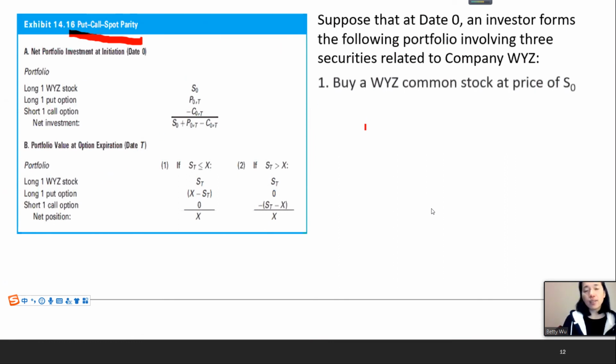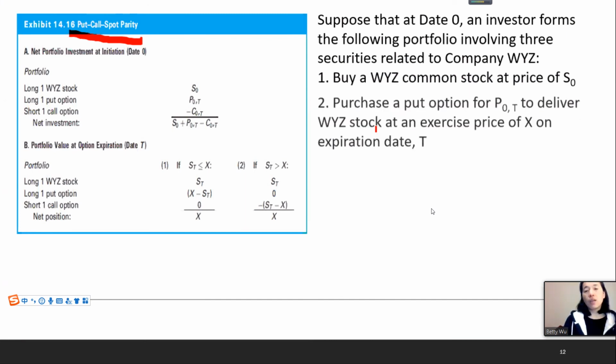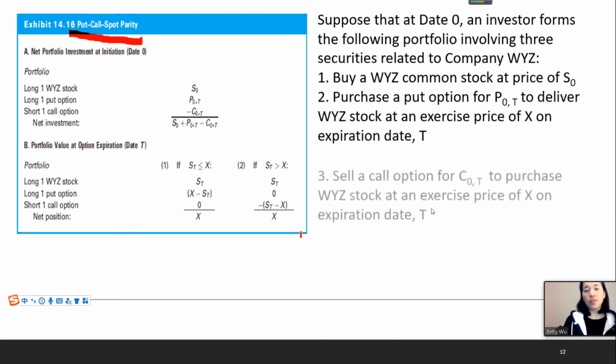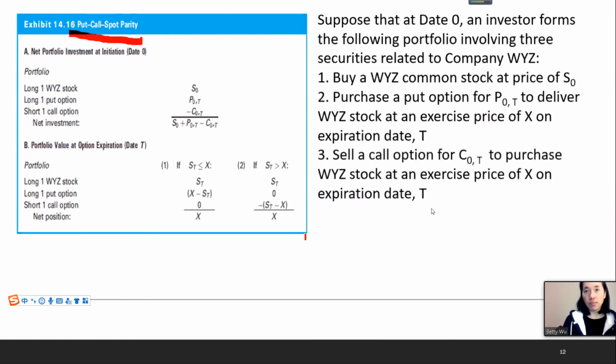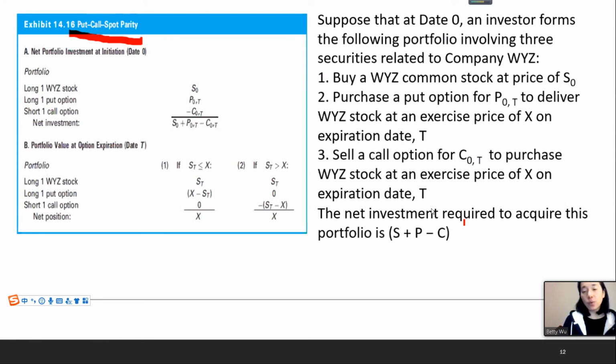The strategy consists of a long stock, a long put, and a short call. And so the net investment, or the cost required to acquire this portfolio, is this. So this is the cost of this investment strategy.